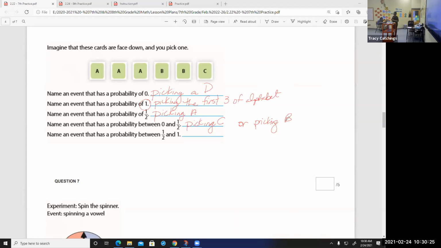A and B. So those are the first what? Good job. The first 2 of the alphabet. Any question about how we use what they give us and then just create a scenario that could possibly happen?